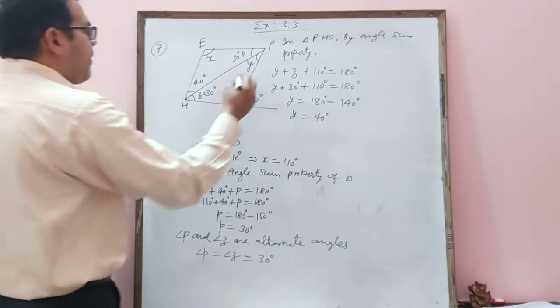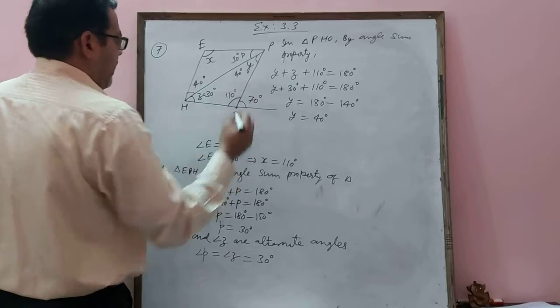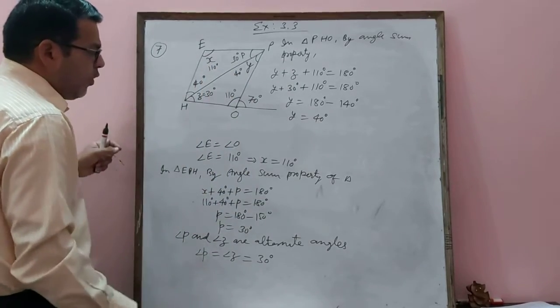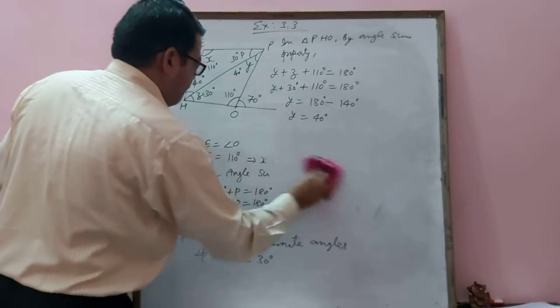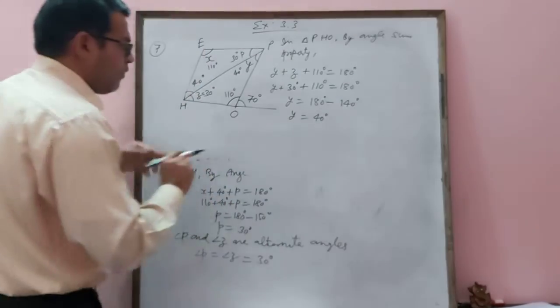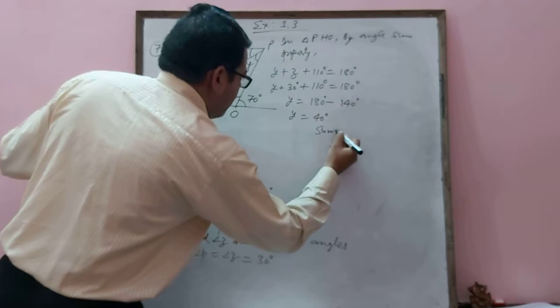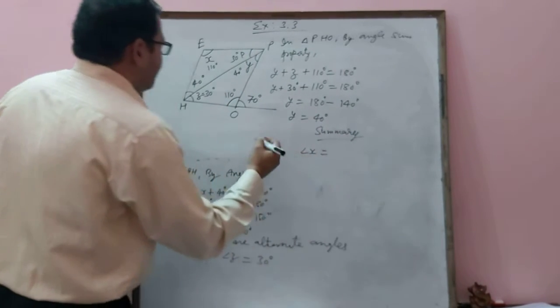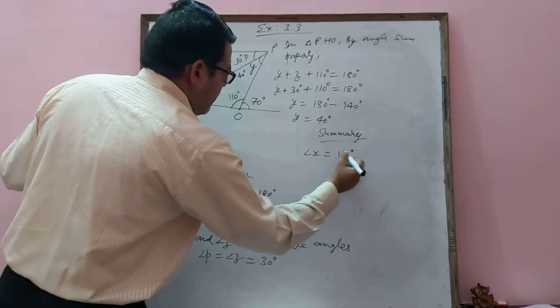Now we have calculated all angles. Value of X we have already calculated, 110 degree, right? So here is a summary of angles that we calculated. Value of angle X is 110.